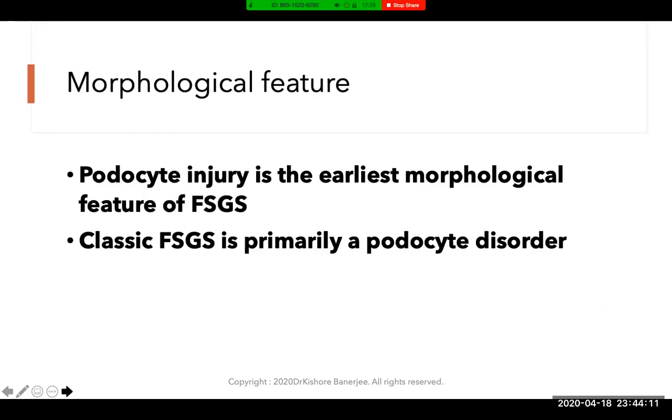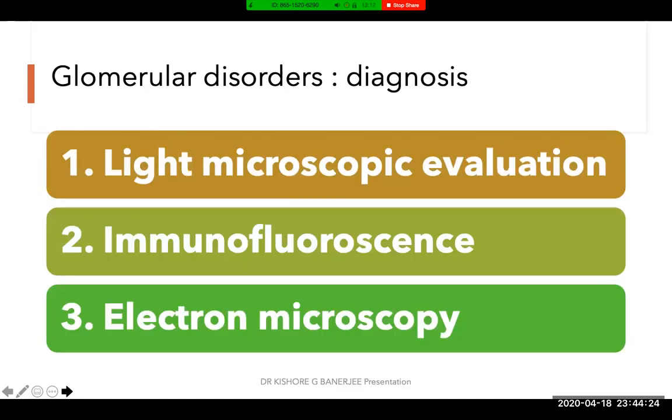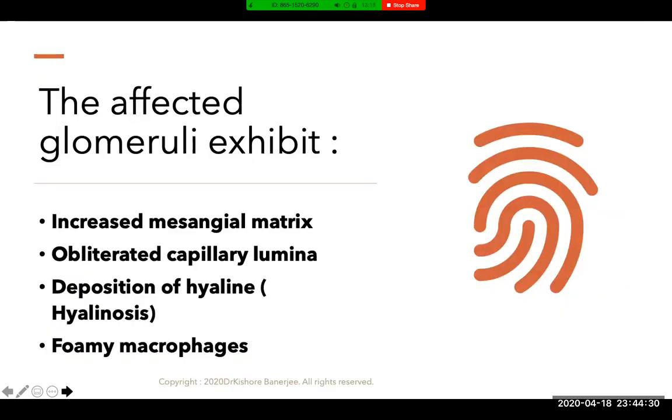Now, coming to the morphological features. This is important. Podocyte injury is the earliest morphological injury seen, because definitely it's a podocytopathy, and ultimately the process initiates from the podocyte injury. Glomerular disorders, as we all know, are usually diagnosed by a three-step approach: light microscope evaluation, immunofluorescence, and electron microscopy.